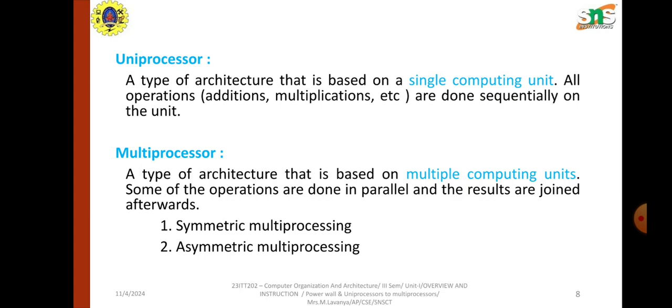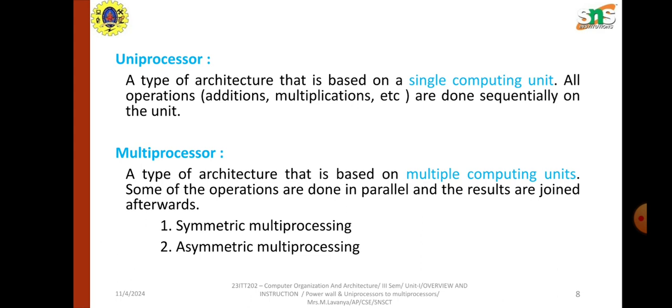This is the definition of uniprocessor. A uniprocessor system is based on a single computing unit, in which the unit is capable of performing one operation at a time. A multiprocessor system is based on multiple computing units, in which parallel computation is applicable.